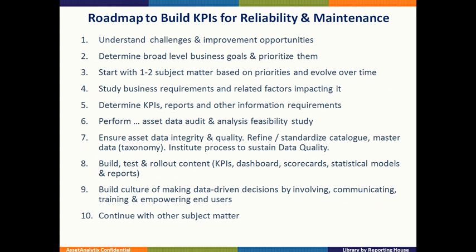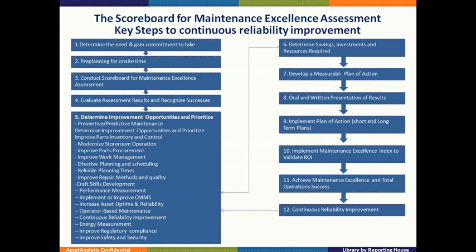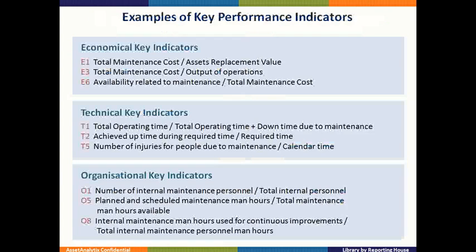And once you finish one subject matter, you can go to the next one. This is another way one can build a process around that, and this is an iterative process. As you go from one site, one department to another, you can continue to build additional KPIs. So these are some examples, like in this case, economic key indicators, which relate to cost, finance, budget.